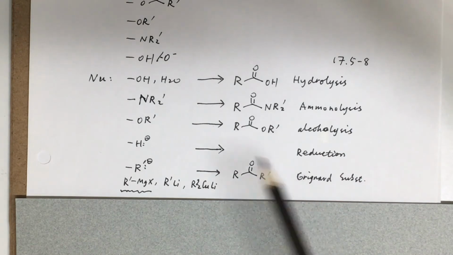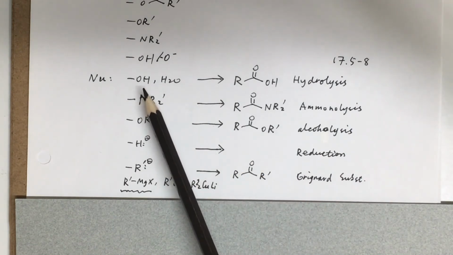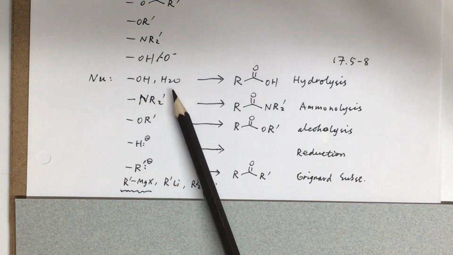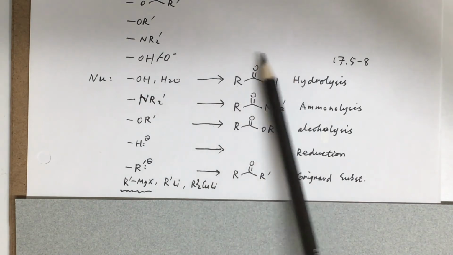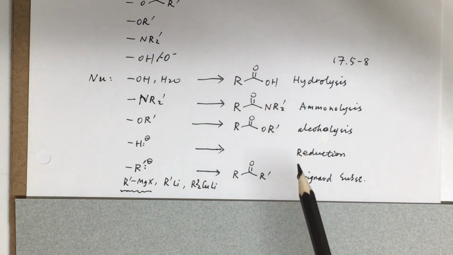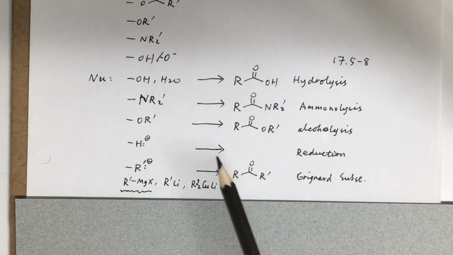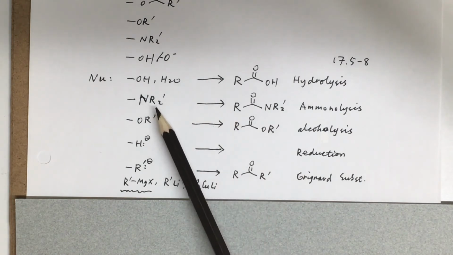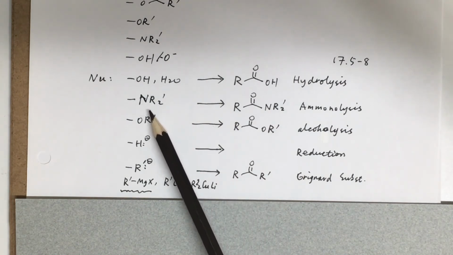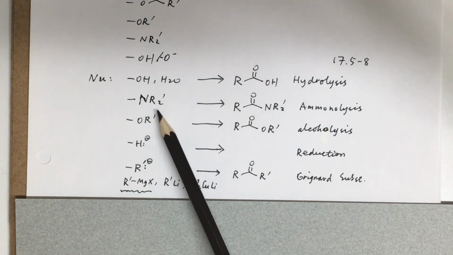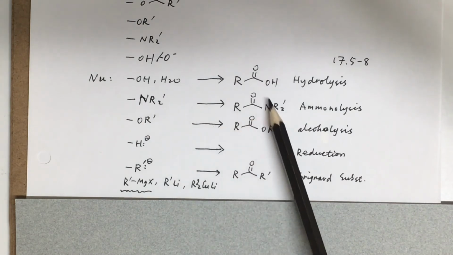When you react an acid derivative with hydroxide or water, essentially we're generating a carboxylic acid, and we call the reaction hydrolysis. When we react a carboxylic acid or derivative with an amine nucleophile, we're generating an amide.